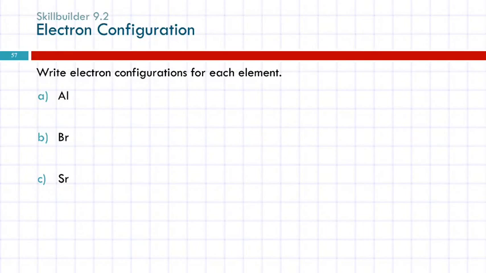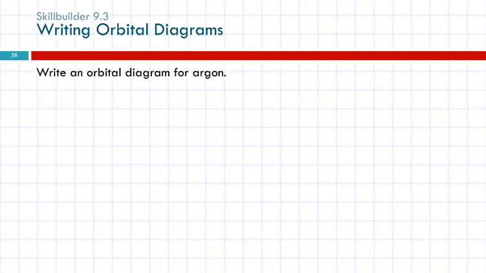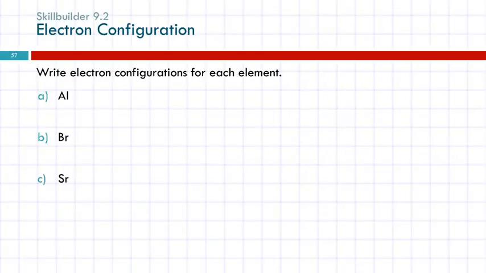Write electron configurations for each element. Okay, so let's do this off the periodic table. There's one on the wall. So we look at aluminum on the periodic table. What row is it in? It's in row 3, right? And what block?